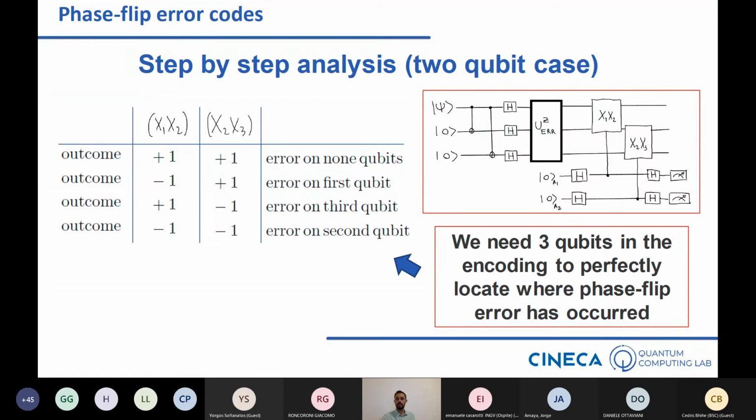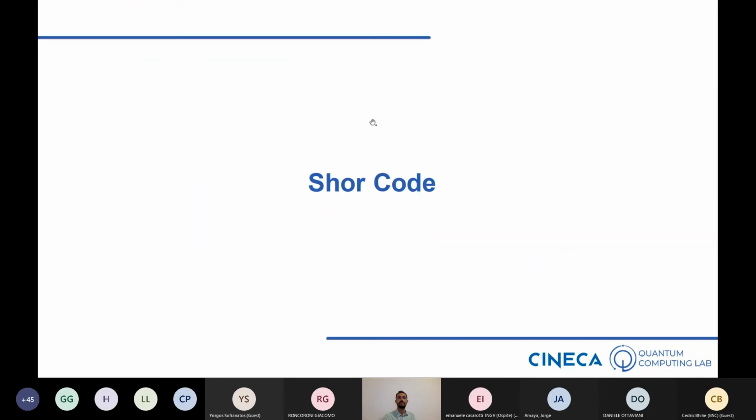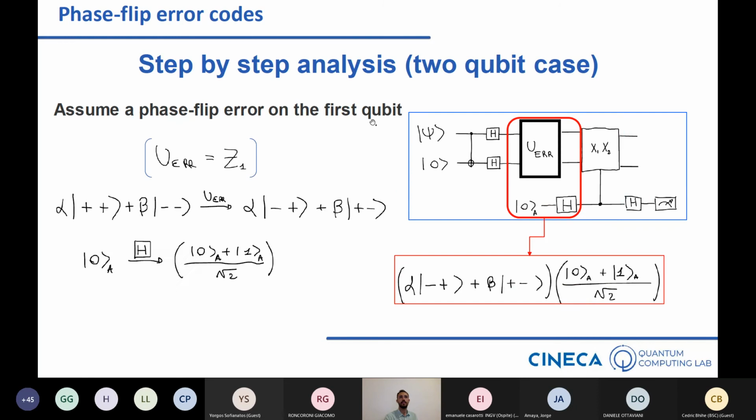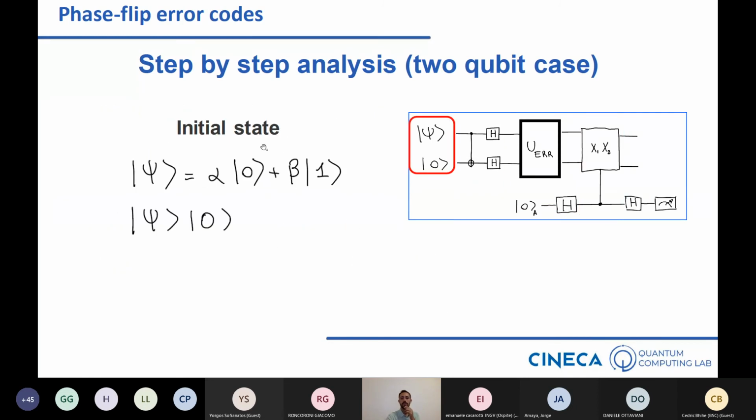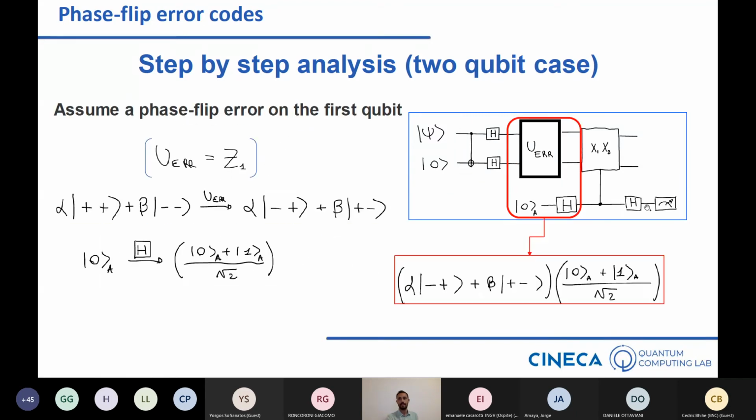Okay, what do you mean with the stretch? So for redundancy, I encode... You mean, these codes assume that the error appears here and does not appear in the ancilla.